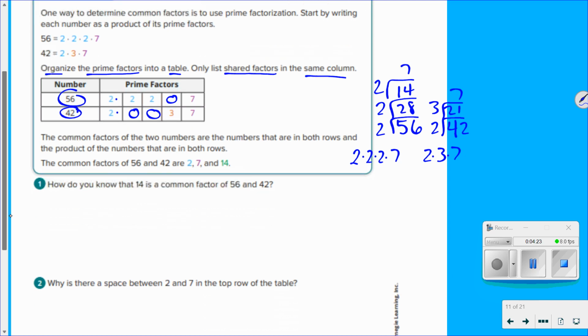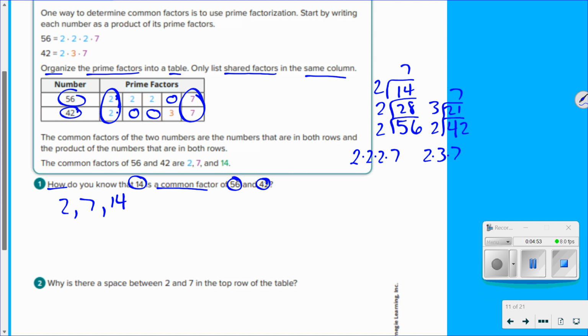So what you're going to figure out, how do I know that 14 is a common factor of 56 and 42? How would you know that? What do they both have? They both have a 2. They both have a 7. But then what's 2 times 7? 14. So there are the common factors for those 2 numbers. So I take any common prime number.